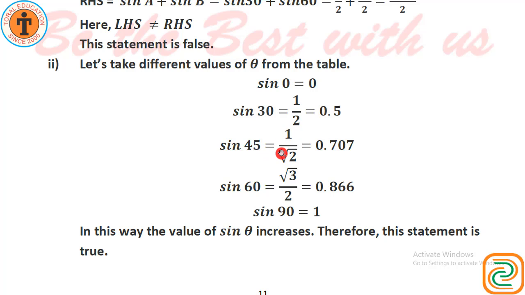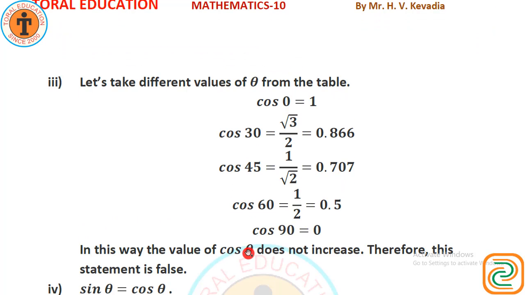If we take the value of root 2, then we will get 0.707. Sin 60 is root 3 by 2, we get 0.866, and sin 90 is 1. Here theta increases 0, 30, 45, 60, 90, and the value also increases. Therefore, this statement is true.